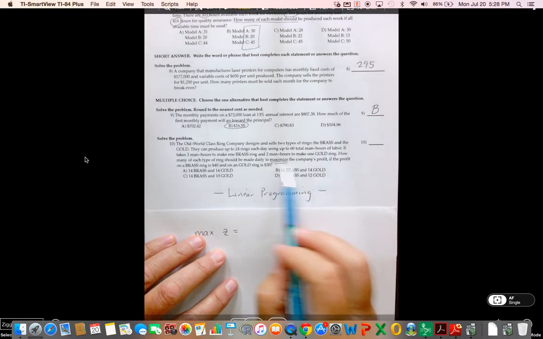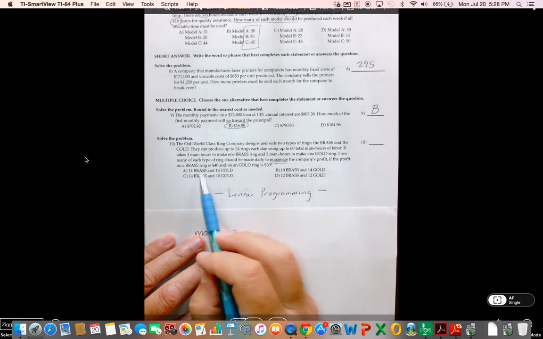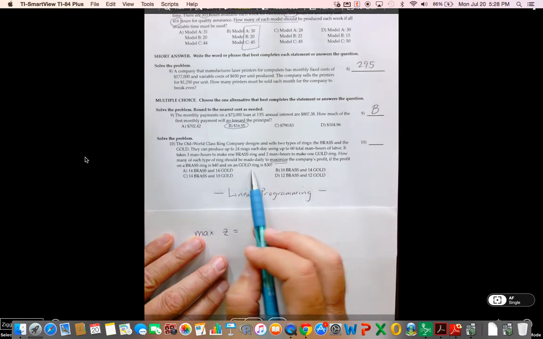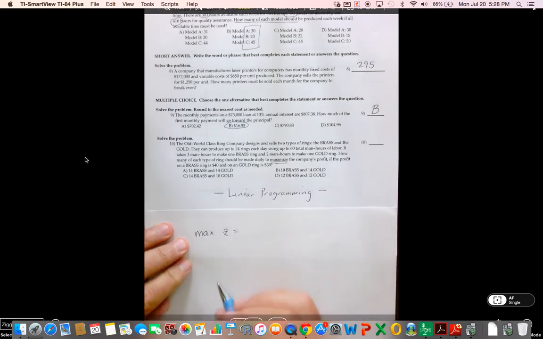So we are trying to maximize profit, and we have a brass ring and a gold ring. So the first thing I'm going to do is establish my variables. I'm going to let X be the number of brass rings, and I'm going to let Y be the number of gold rings.